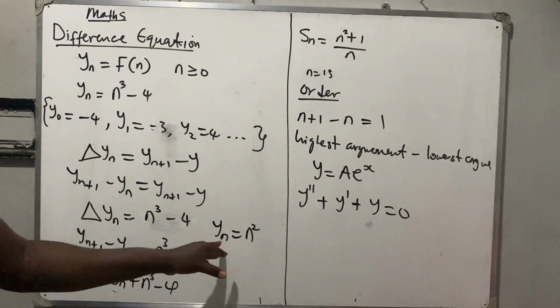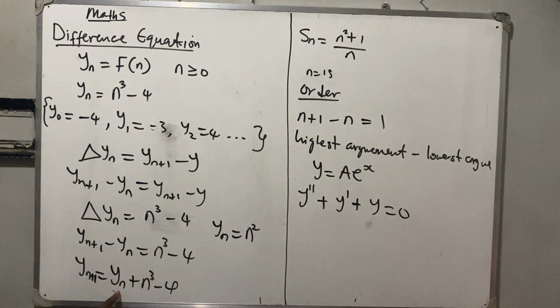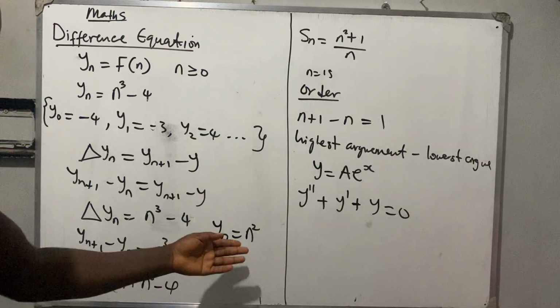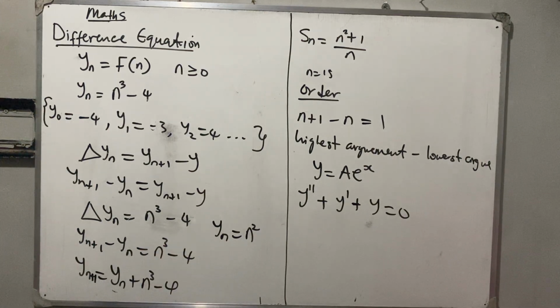So anywhere I see n, I'll put n plus 1. Then I already have my n. I will substitute into the left hand side and the right hand side and see if they are equal to each other. If they are equal, I will conclude that this is a solution. If not, I'll tell you that this is not a solution. So we verify the solution by direct substitution.